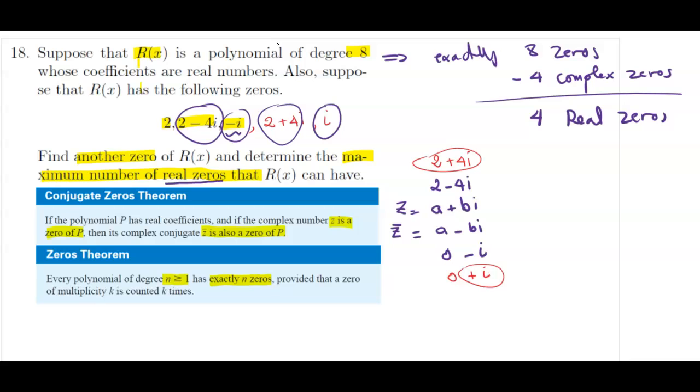It can have up to 4 real zeros. This is not certain yet. We could have not exactly 4, but 3 or 2, or at least we know we have 1. So most likely it is going to be a maximum of 4, and that's basically the answer you are looking for.